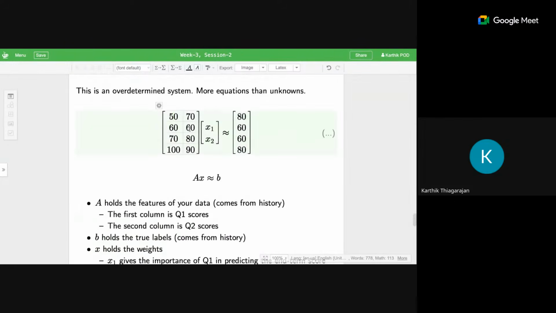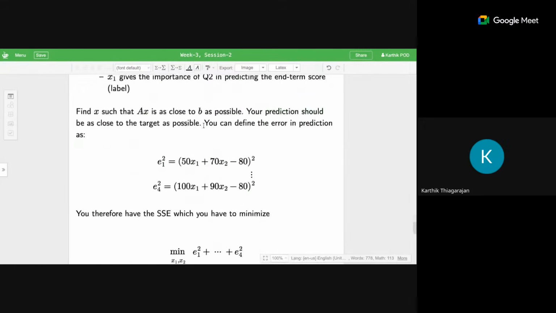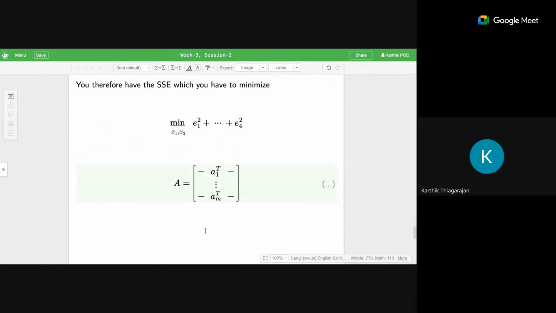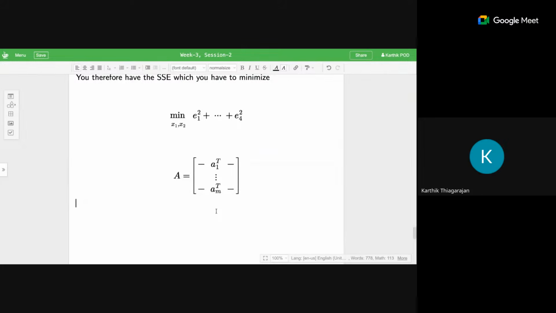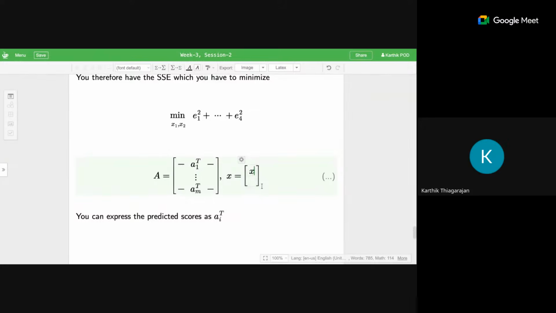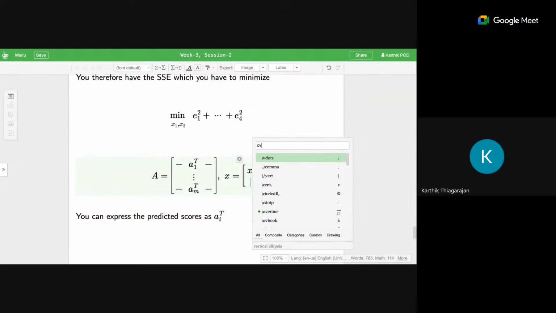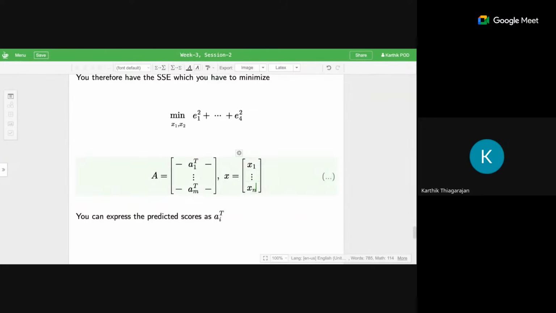A2 transpose is 60, 60. So you can express the predicted scores as Ai transpose x.